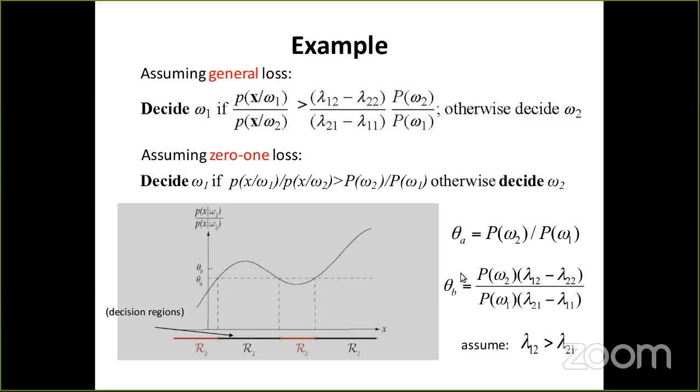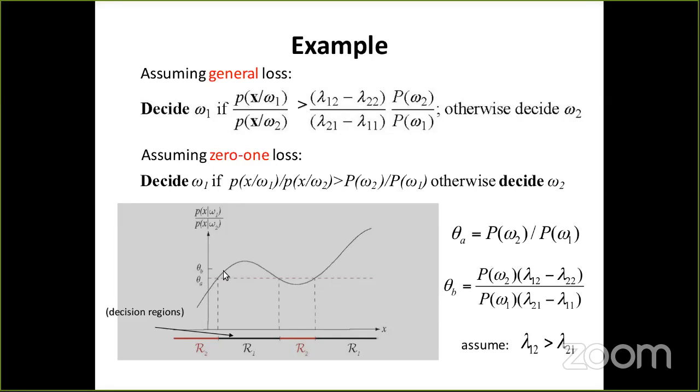Theta B considers the more generic case in which the threshold value is this. Let's say we compute the likelihoods, p of x given omega 1 and p of x given omega 2, compute the ratio of the likelihoods, and then plot it. Let's say theta A is over here and theta B is over here. When we consider the case for theta A, we can draw a line like this.